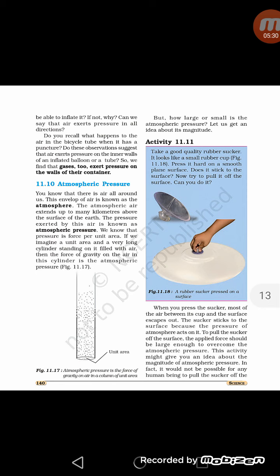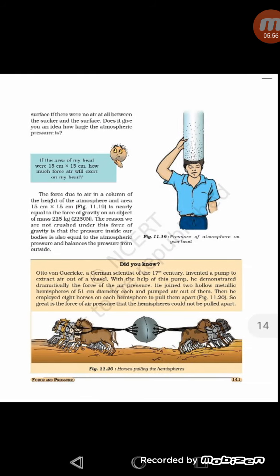These are also provided in toys, and they also stick, because when we are putting any sucker to the wall, the air between the wall and the sucker is removed, and due to the large atmospheric pressure, this sucker sticks to the wall. So from this activity it is proved that the atmosphere exerts a large pressure which is called atmospheric pressure.